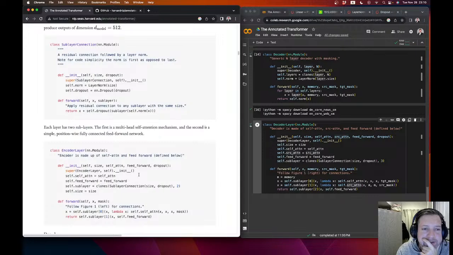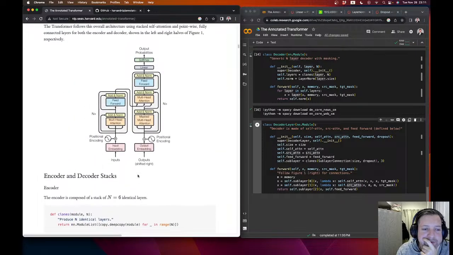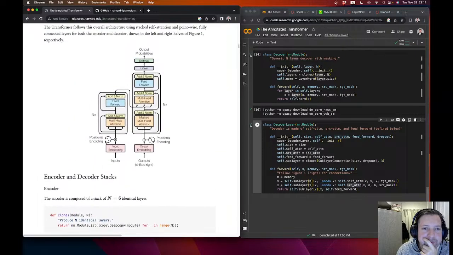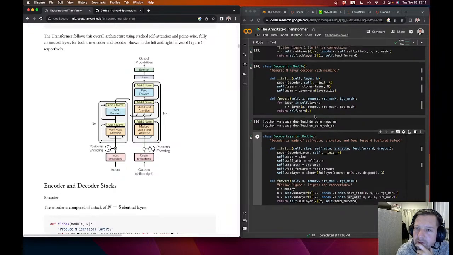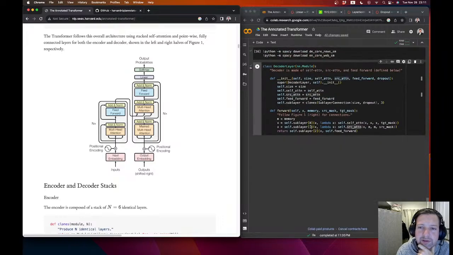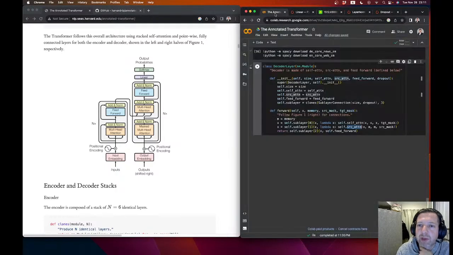So I guess the bits that we're missing are, if we just quickly look at this diagram again, we understand what this layer, how they call it, sub-layer connection is. Basically you have these residual connections that take the input around what's happening here. You add and you use this layer norm that's described in this one paper, but again, it's just some sort of normalization and weighting function that just normalizes the output.